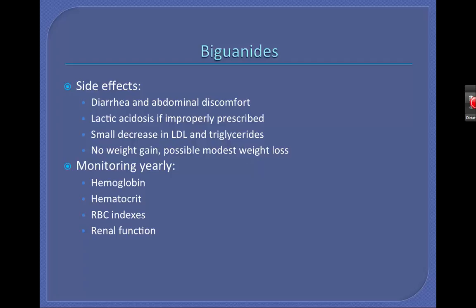Lactic acidosis is life-threatening, fatal in 50% of cases, and is caused by too much lactate in the blood and a low blood pH. Several factors can increase the risk of lactic acidosis while taking metformin, and the big ones are having kidney problems or congestive heart failure.